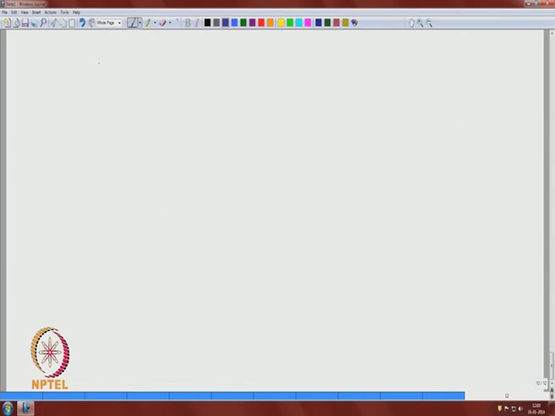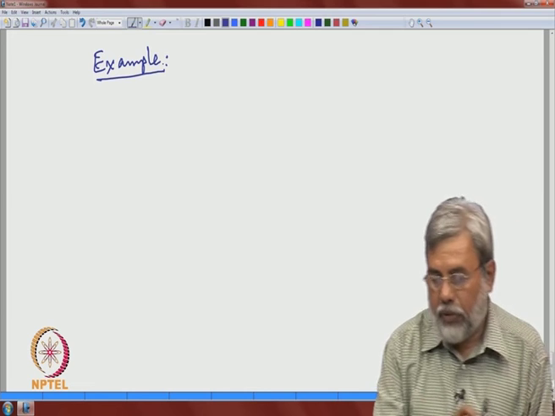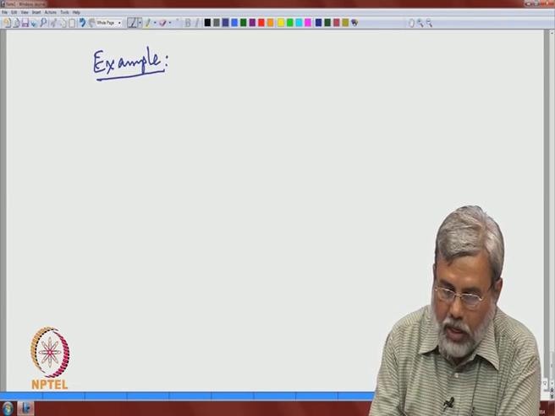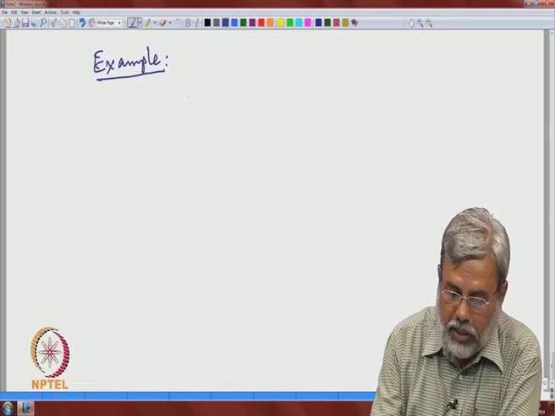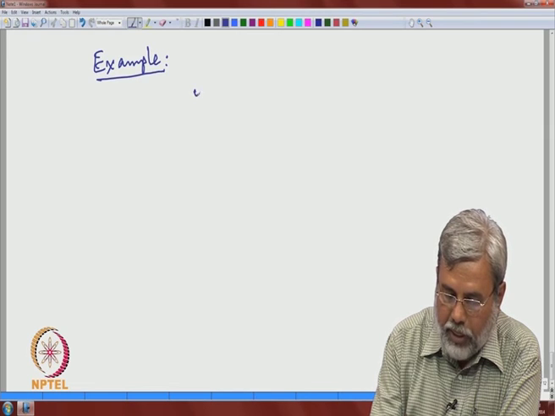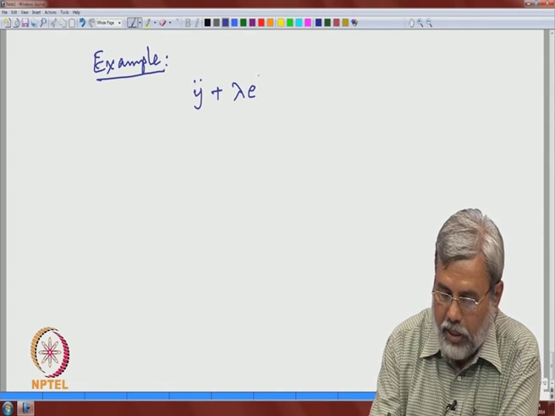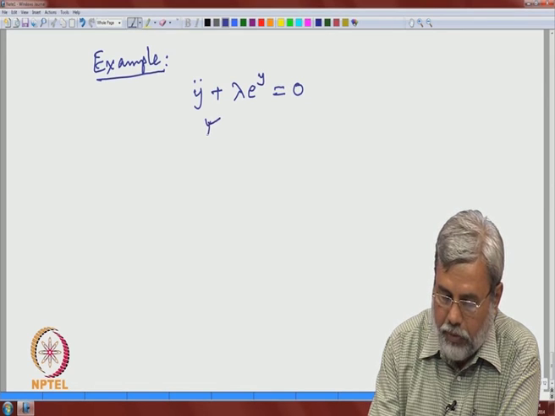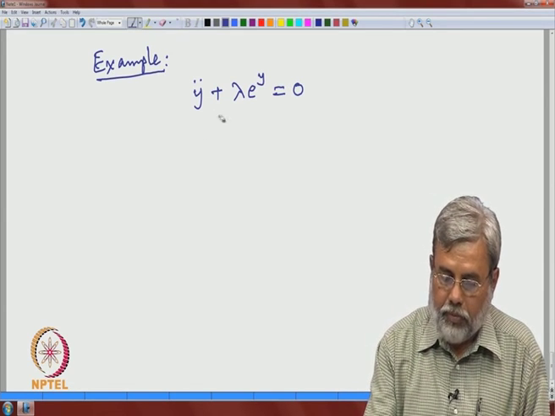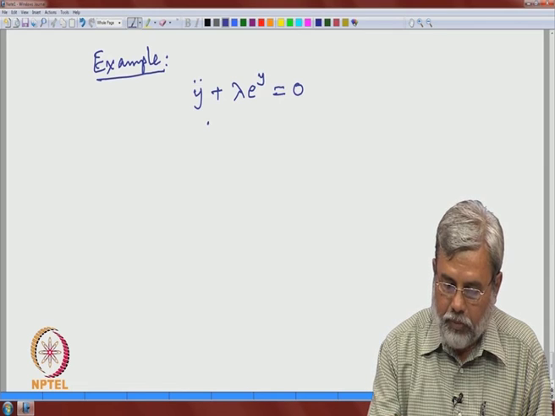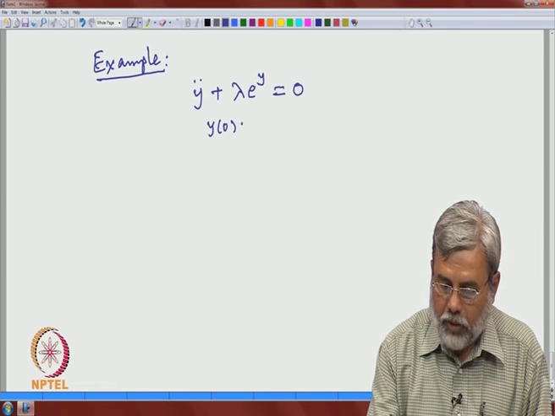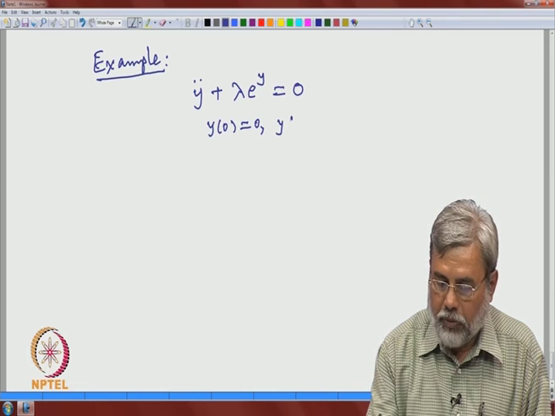So again, last time I stated this example, I hope you have worked it out. So, again let me recall that. y double dot plus lambda e^y equal to 0, y(0) equal to 0, y(1) equal to 0.